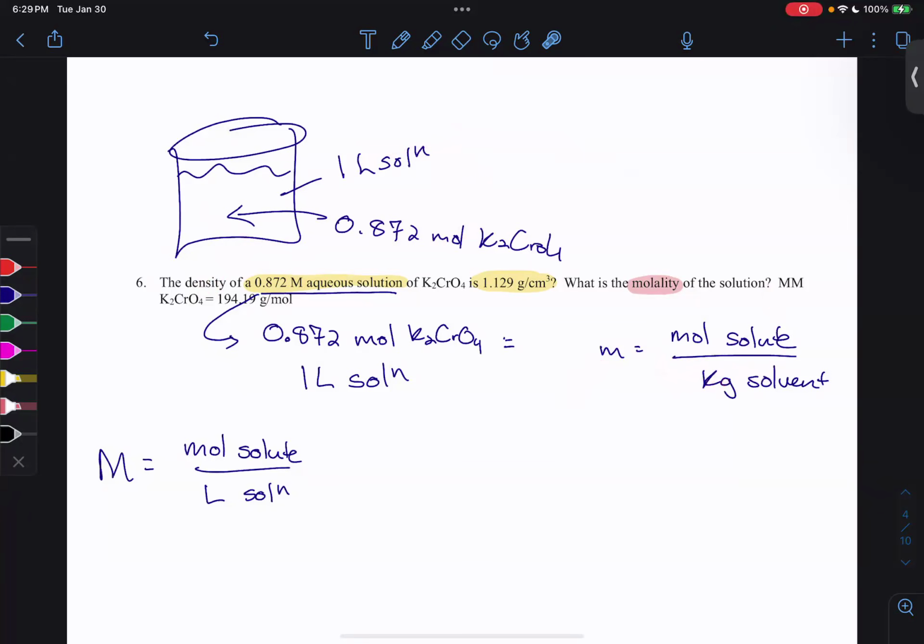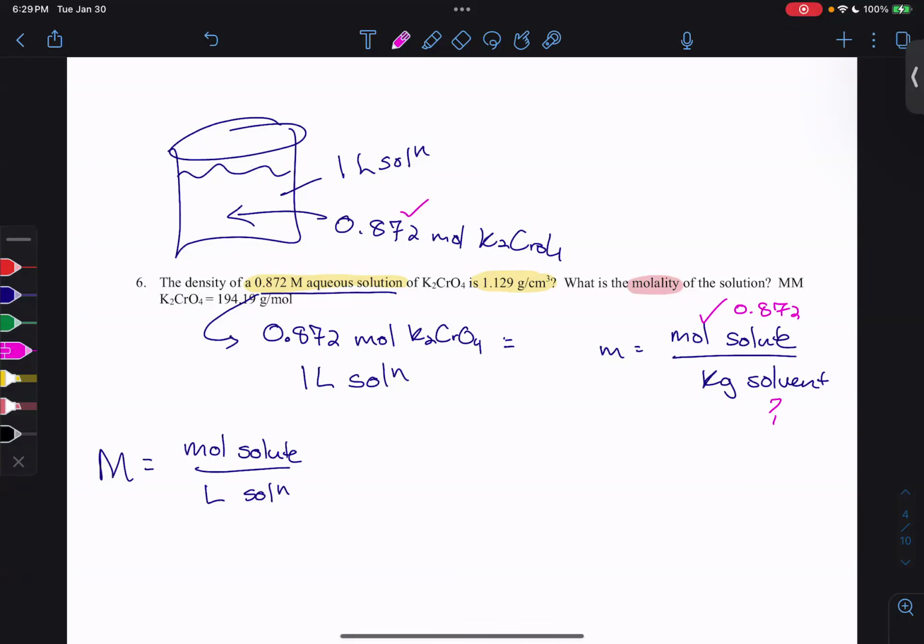So let's think about this. Molality is moles of solute over kilograms of solvent. If we look at this beaker, do we have a mole amount of solute in it? Yes, we do. It is the 0.872. I like to look at the units because look, we're halfway done. We have one of the numbers. We just need to figure out how many kilograms of solvent there are, but that's the hard part.